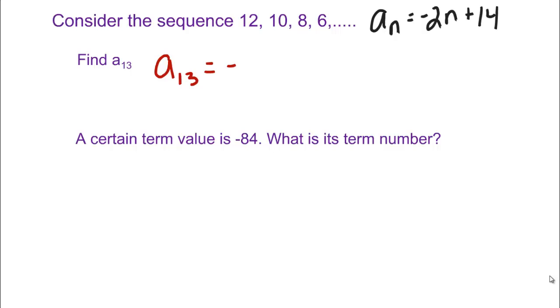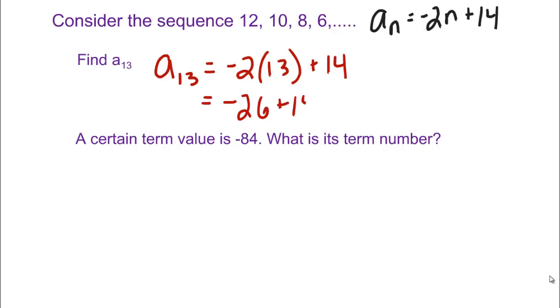A13 is -2 times 13 plus 14, just by plugging in. -26 plus 14, that's just -12. Having our explicit rule is really nice, because I can find any term value I want just by plugging in.